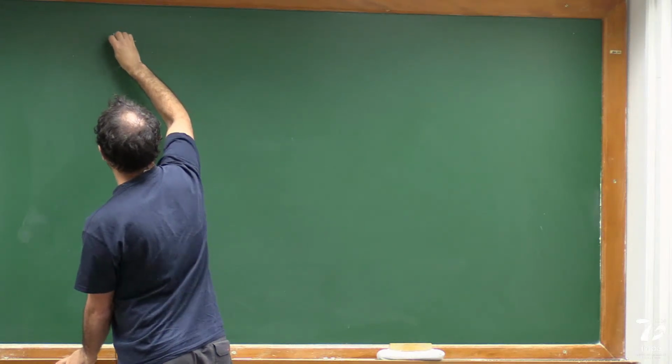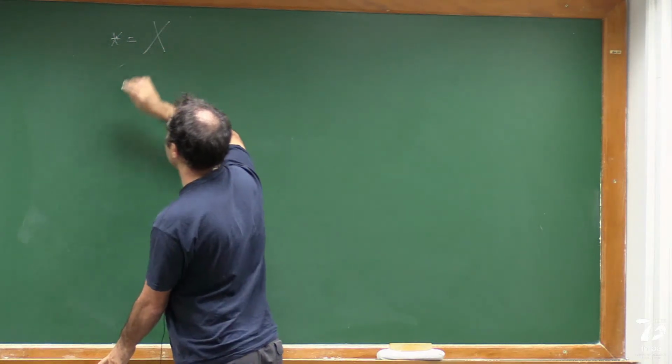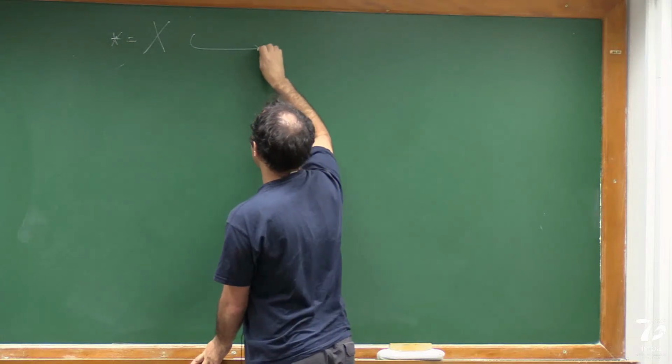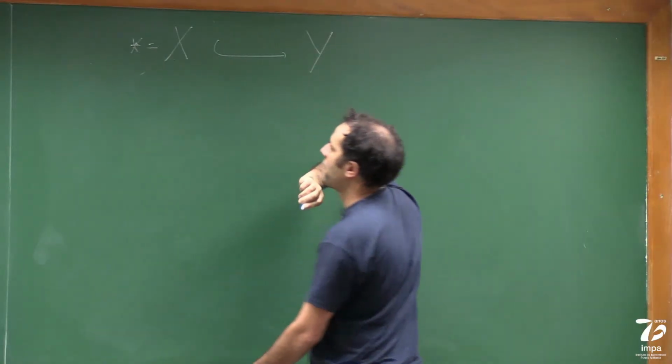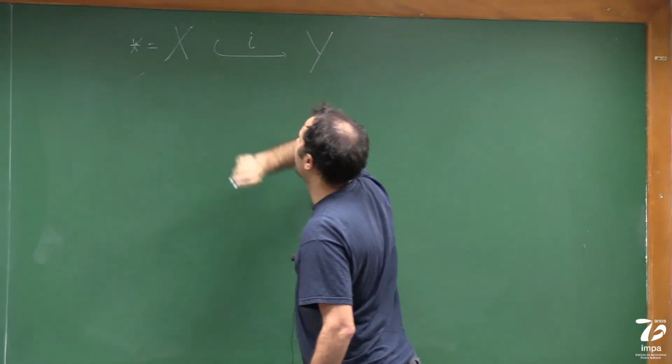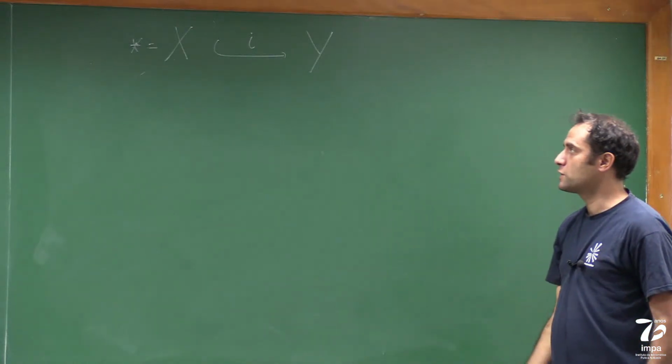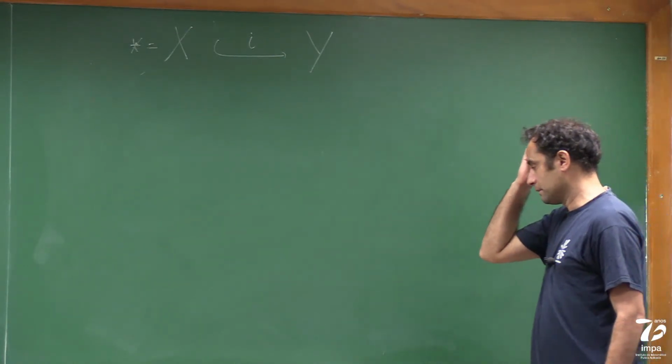This is the topological space X, which is inside of the topological space Y by any map F. I'm going to call iota this map now. It's just a point. Okay?